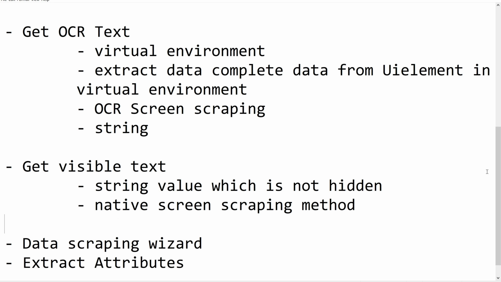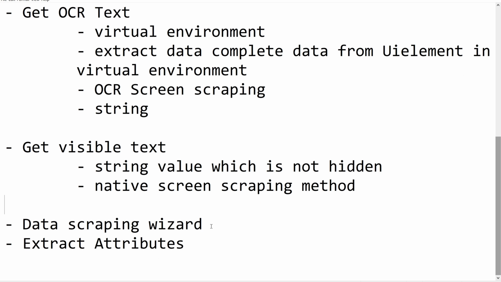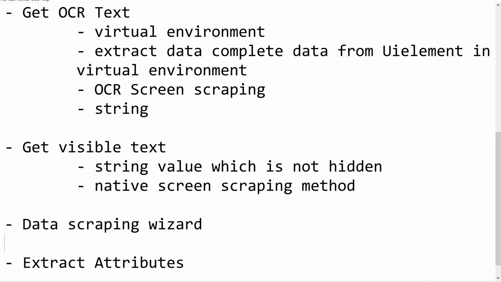Okay, so now let us move on to the data scraping wizard. This is the main thing. Data scraping is a technology in UiPath Studio, which is used to extract structured data from an application or any document or any UI element.